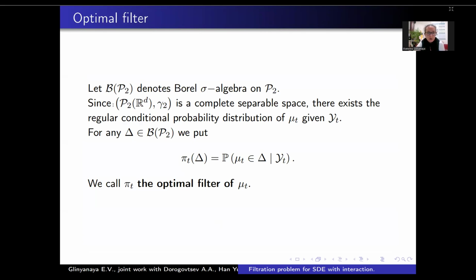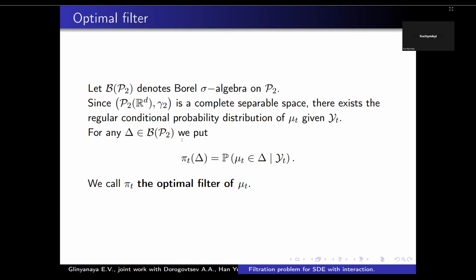It is known that this space is complete and separable. With these properties, we can guarantee the existence of a regular conditional probability distribution of a random element in this space given some sigma algebra.